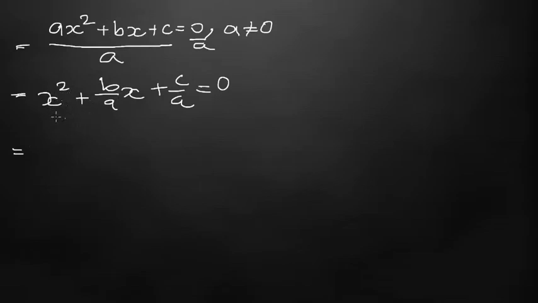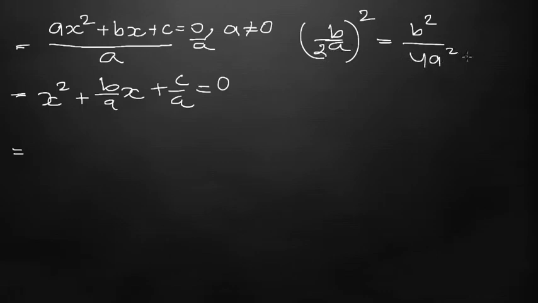Now what I want to do is look at this middle term, which is the coefficient of x. So we see b over a. We want to divide this by 2 and then square it. Whatever we get, we're going to add to both sides of the equation. So b squared over 2a squared is going to be b squared over 4a squared. I'm going to add this over here.